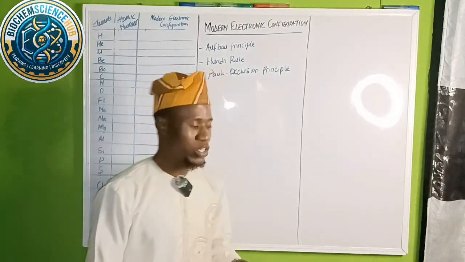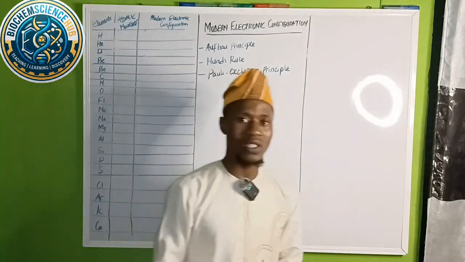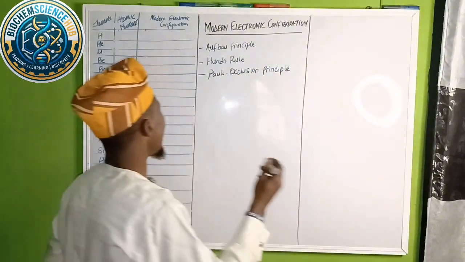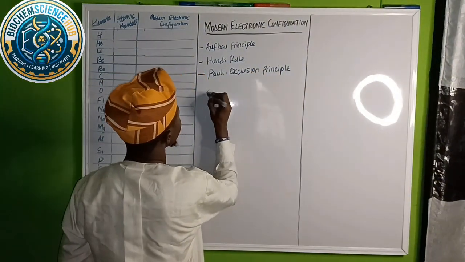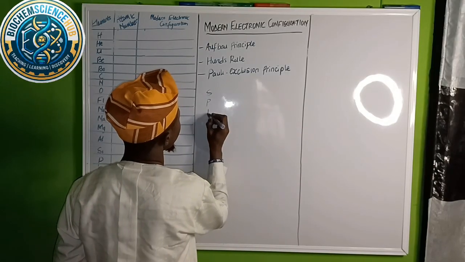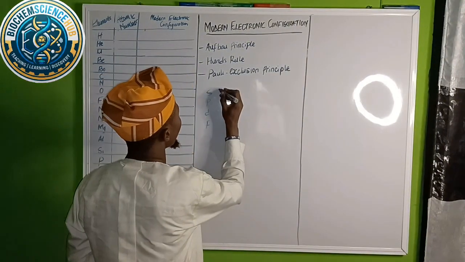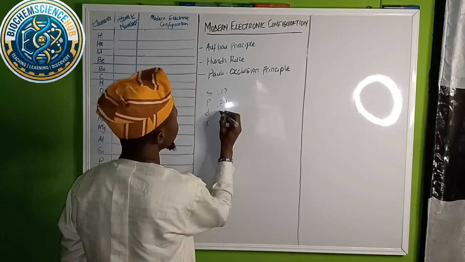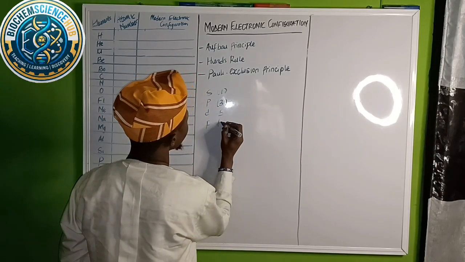This modern electronic configuration has to do with quantum physics, as well as following the periodic table rule. We have the subshells s, p, d, and f. S has 1 orbital, p has 3, d has 5, and f is 7.